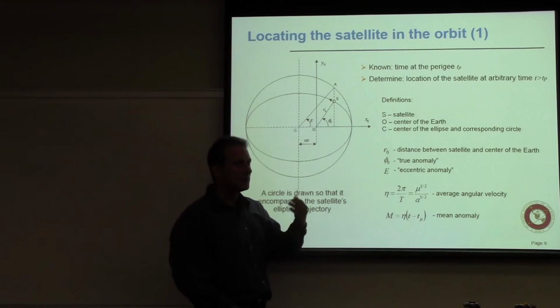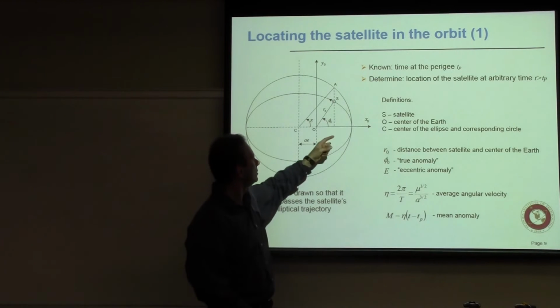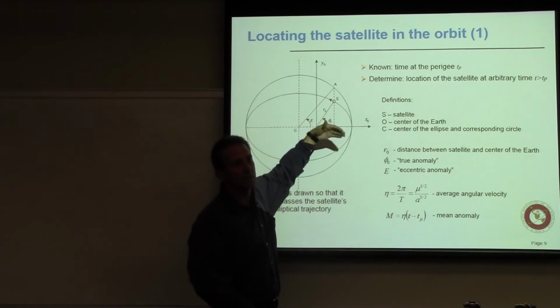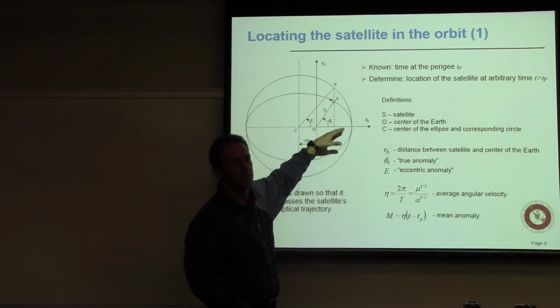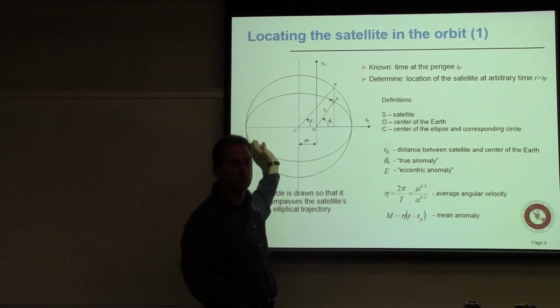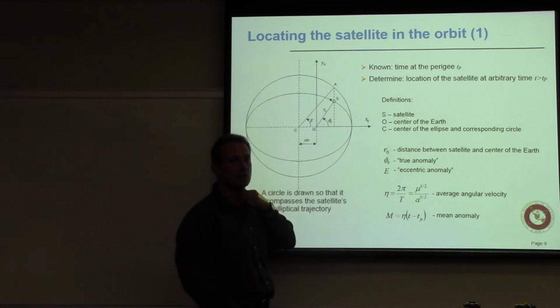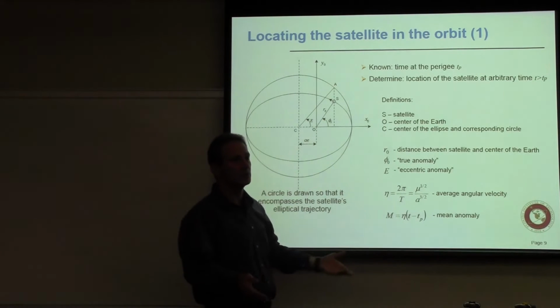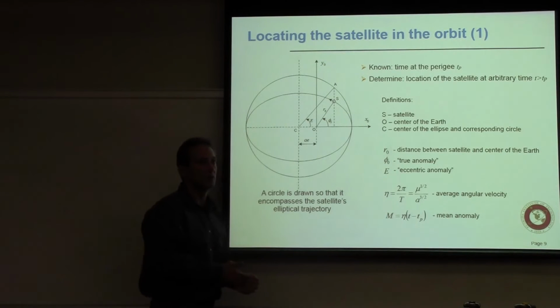And when I say where is it going to be, what I really need to determine is either its XY coordinate or its r, phi coordinate. XY coordinate will give me the position of the satellite in a rectangular coordinate system, and r, phi will give me the same position, but now in a cylindrical coordinate system.